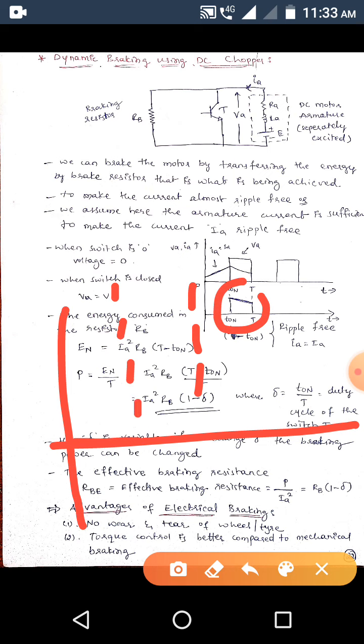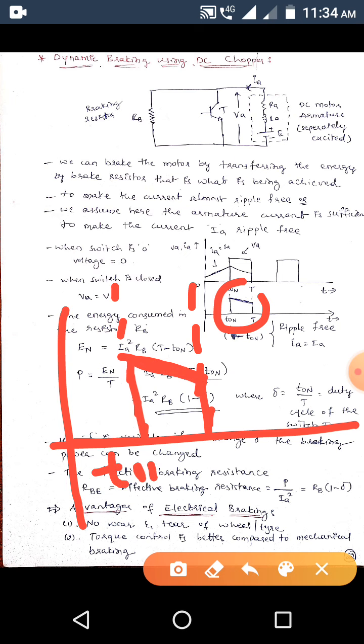Now we need to calculate, in dynamic braking, what is the current here. After increasing, there will be decreasing dynamic current, that I am highlighting here. So only this current occurred in the dynamic braking.